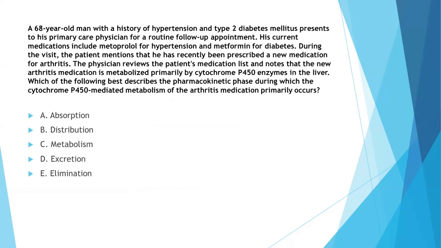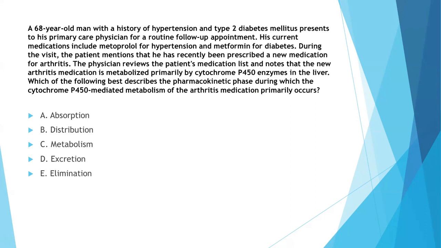Now, let's talk about one question here. Which of the following best describes the pharmacokinetic phase during which the cytochrome P450 mediated metabolism of the arthritis medication primarily occurs? A 68-year-old man with a history of hypertension and type 2 diabetes mellitus presents to his primary care physician for a routine follow-up appointment. His current medications include metoprolol for hypertension and metformin for diabetes.